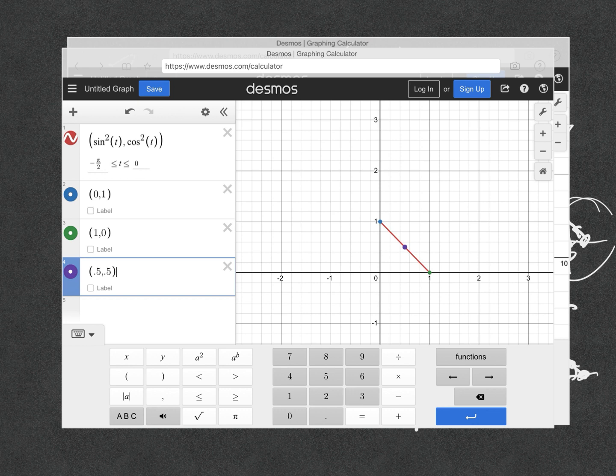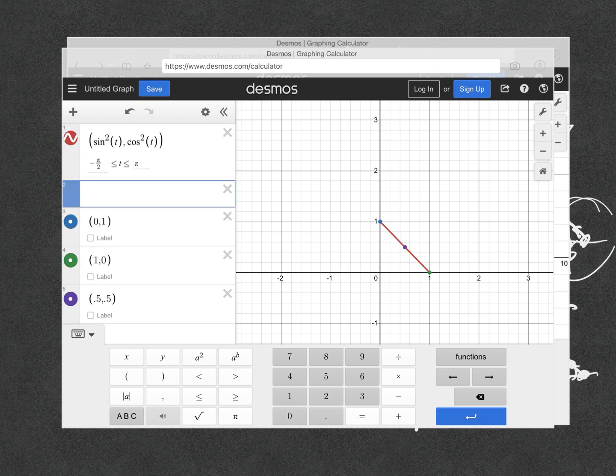Now, if we make the domain bigger, let's say we go from negative pi over 2 all the way to pi and go past the 0, how does that change the graph? Now we're looking at it, and nothing changed. Why is that? Because the values repeat in the sine and cosine, and when we square them, they just repeat.